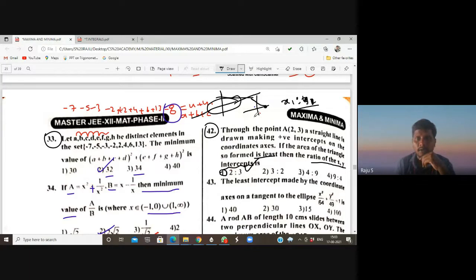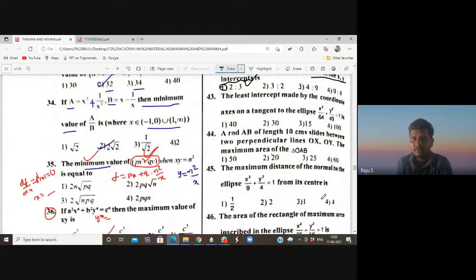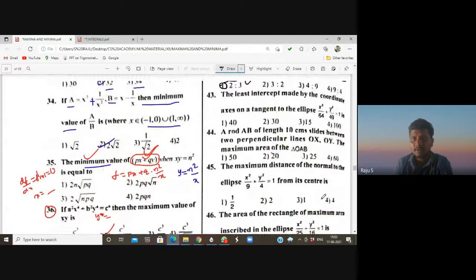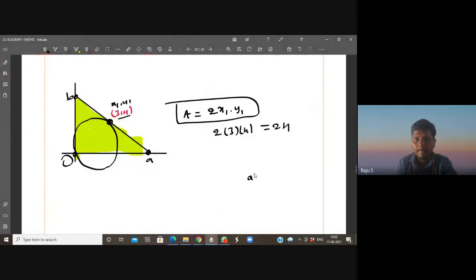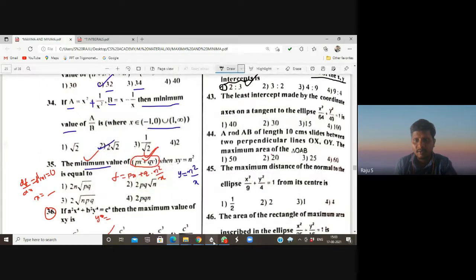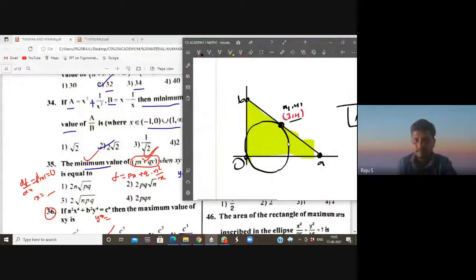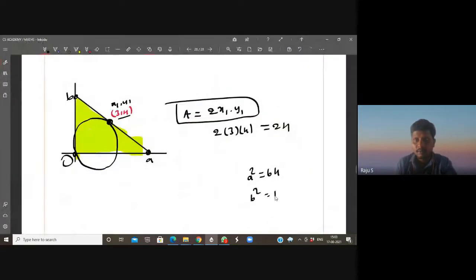So here, comparing with x square by a square plus y square by b square, a square value is 64. B square value is 49. From this a value is 8, b value is 7.